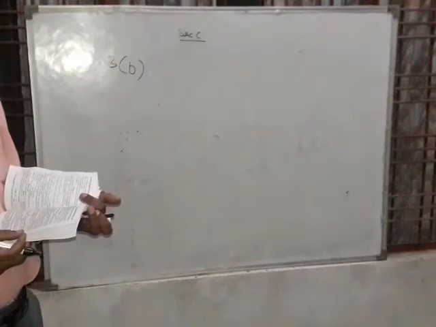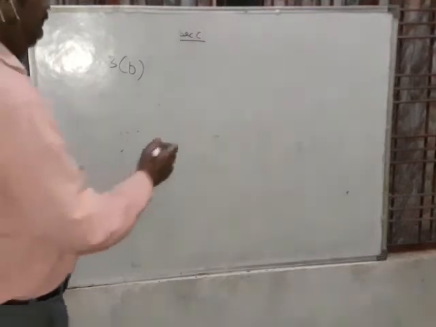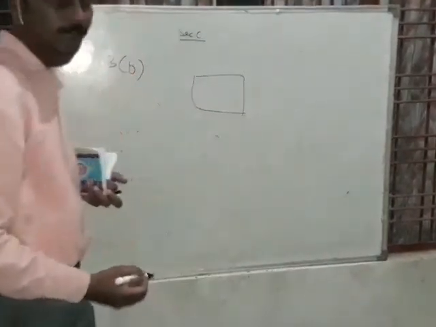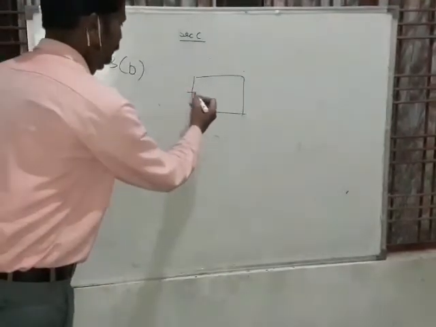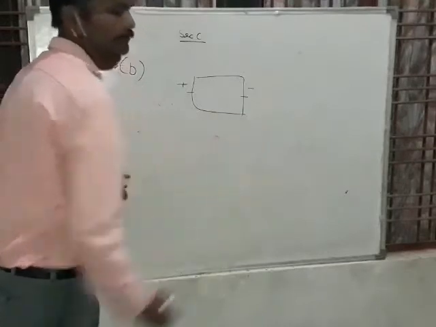What do you understand by internal resistance of a cell? You know that a cell has two terminals. One is positive terminal and the other is negative terminal.